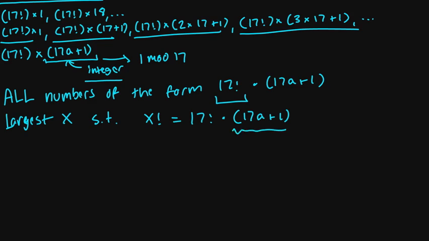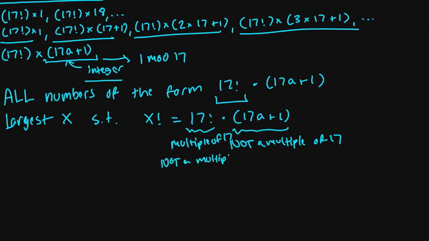Note that this right here is not a multiple of 17, and this right here is a multiple of 17, but if you list it out, it's not a multiple of 17 squared. It only has one factor of 17, if that makes sense. So we know that therefore this must have one factor of 17. In other words, 17 divides it, but 17 squared does not divide it.